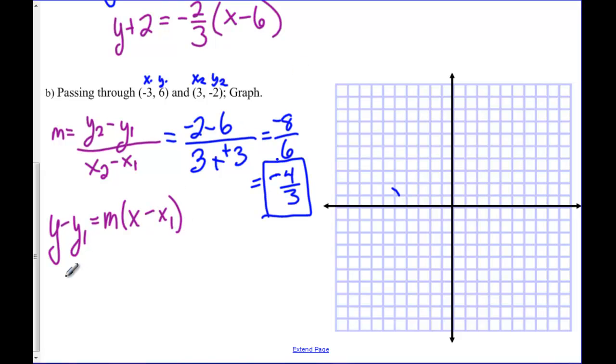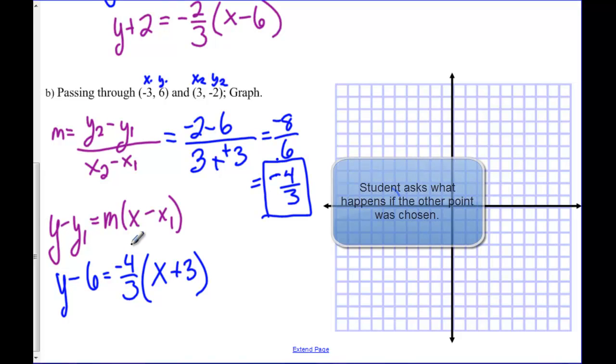And we're going to plug stuff in. So y minus 6 for your y1 equals negative 4/3 for your slope onto x. The minus a negative 3 is going to turn into a plus. Perfect. So for our point slope form, this would be done.